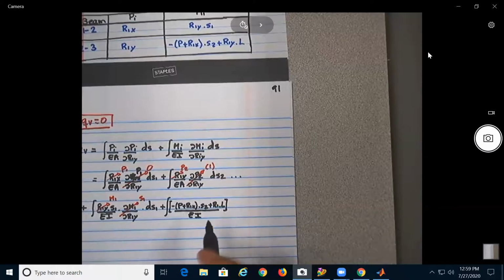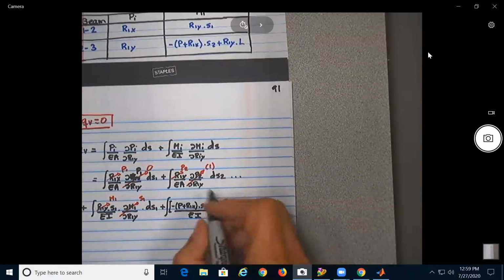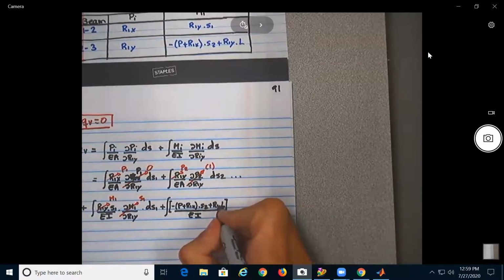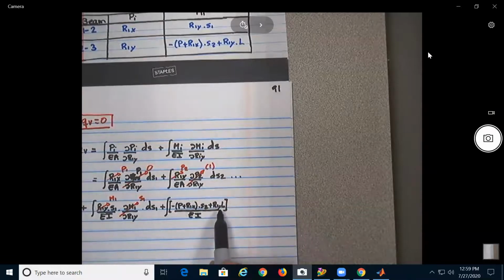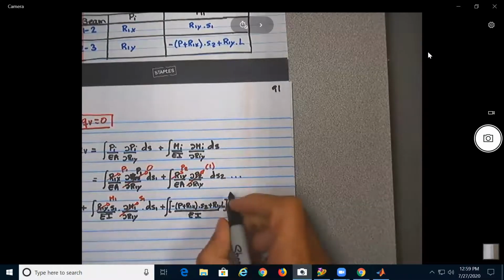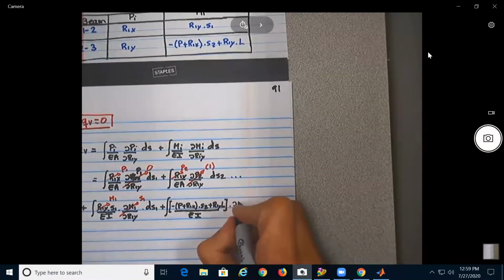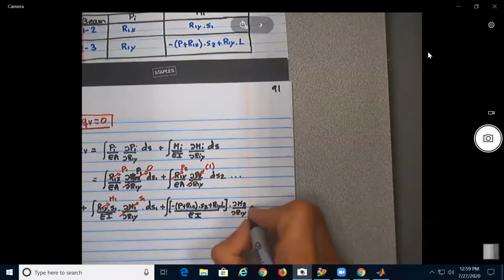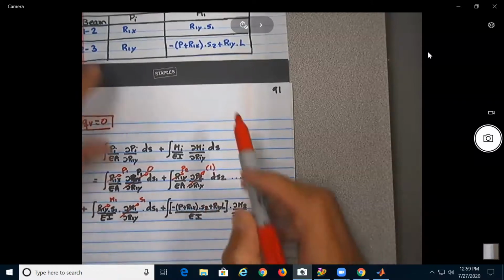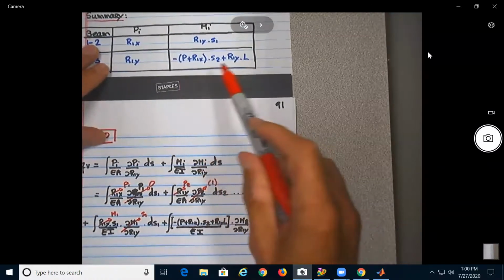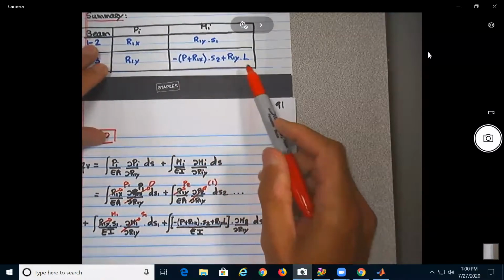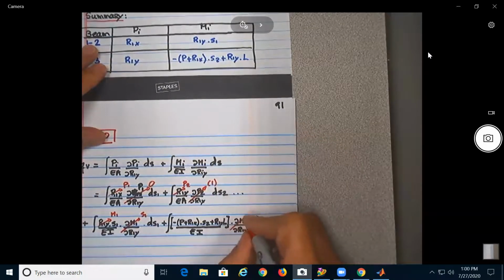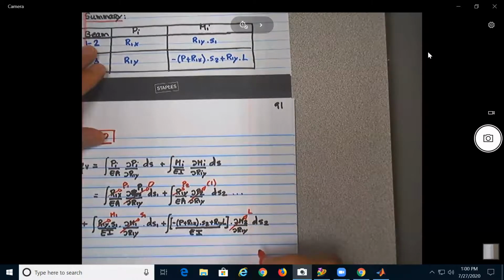Be careful here because this is R1YL, okay? This is the last term, times the partial of M2 with respect to R1Y, ds2. What is the partial of this with respect to R1Y? This should be just L, no? Okay?